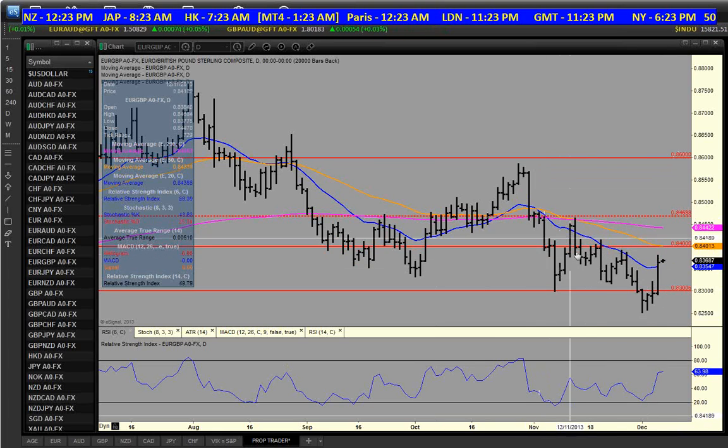If this trend is now locked back into a downtrend, you'd be looking for a test of the 50 in days to come. With the pound, they're looking to reduce their quantity of easing, and the euro is still sort of got their foot on the pedal in quantity of easing. You'd think this would be going the other way. The pound getting stronger and the euro getting weaker, but at this point there's no sign of that just yet.